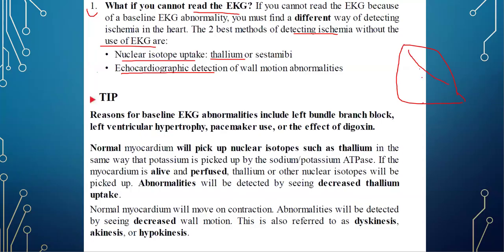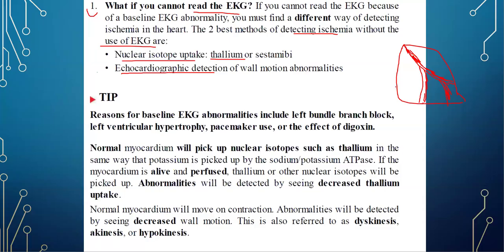So if these are your coronary arteries, and there is no block in the coronary artery, the dye will pass through the coronary artery into the cardiac muscle. So every part of the cardiac muscle will equally take up that thallium. If there is no block, the uptake of this isotope across the whole myocardium will be equal, or homogeneous.